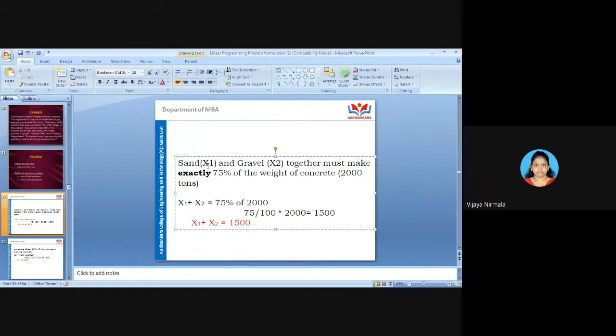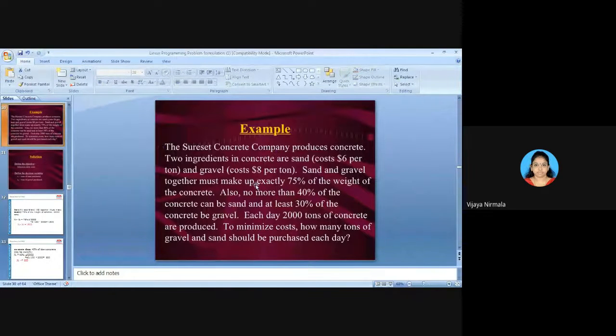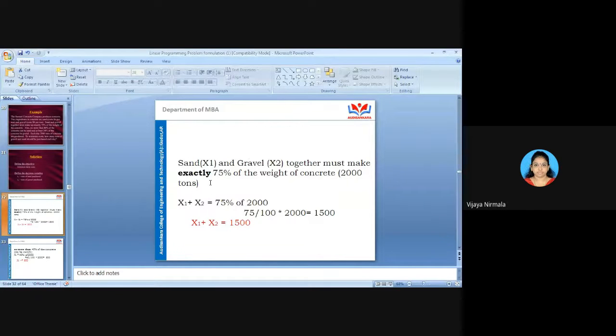So see this x1 and x2. It means that sand and gravel together. So I am writing the equation. X1 plus x2 is equal to how much they said? They must make exactly. See the problem. In the problem they have given together must make up exactly.